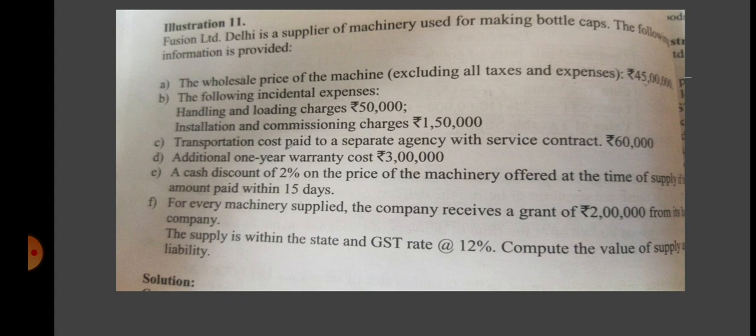When you calculate the value of supply, I told you, you have to take the agreed value or the base price as the selling price. Here the wholesale price is given, that you take as the base, 45 lakh.